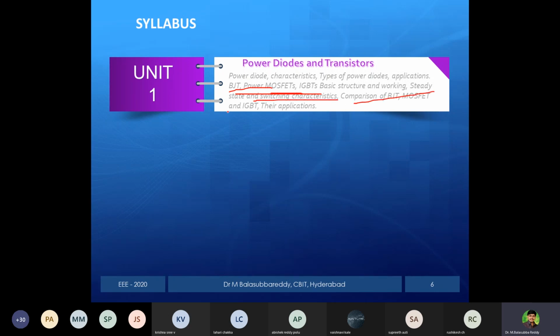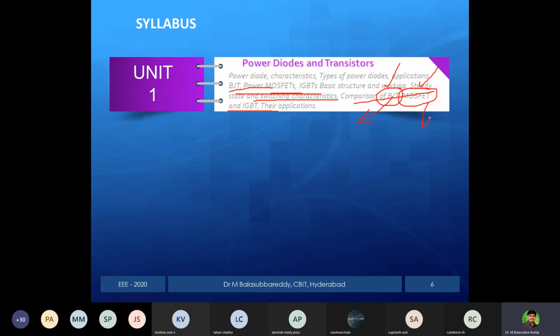Finally, comparison, because each device may have different advantages and disadvantages. We cannot say that this device is completely ruled out or that this device is better. In some particular instance this may be good, or in another this may be good, and there are drawbacks here also, and here also.